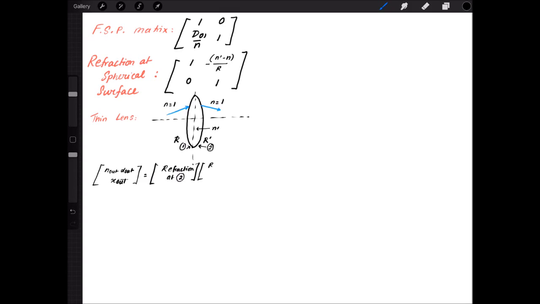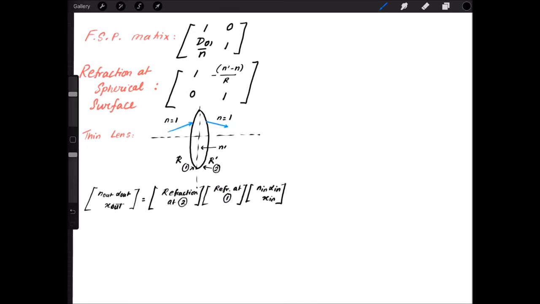Then there will be refraction at 1. We are ignoring the thickness of the lens, so no translation through uniform medium. And then the input, so n in, alpha in, x in. Right? Okay.